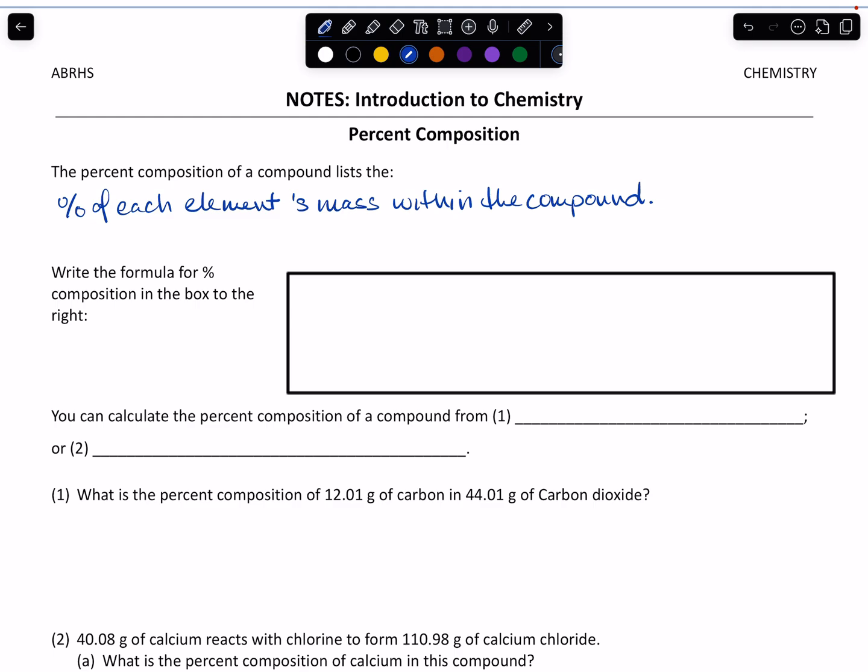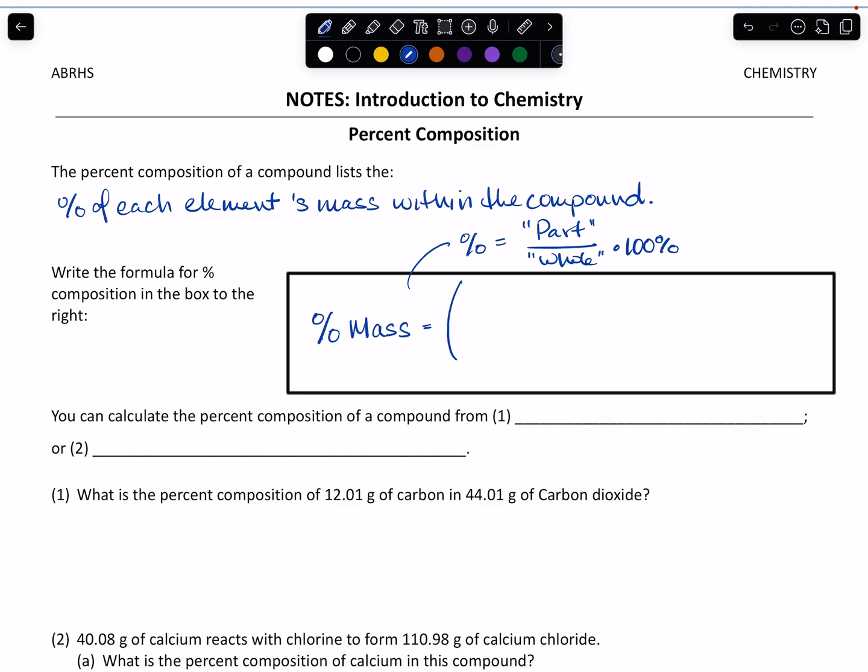All right. The formula for percent mass is straightforward. It is just like any other percentage. We know that percent is basically part divided by whole times 100%. Well, that's the same here.